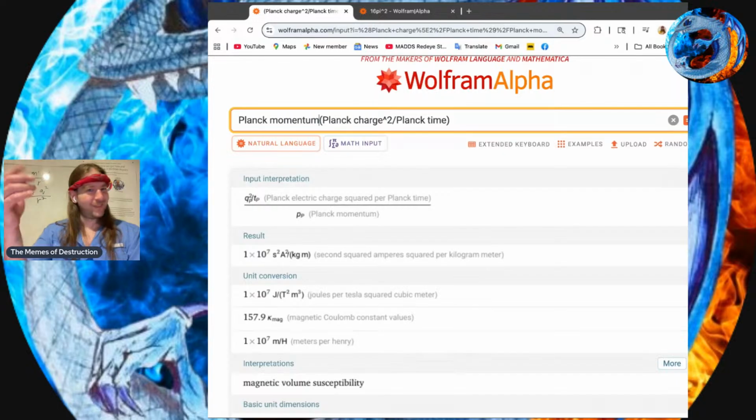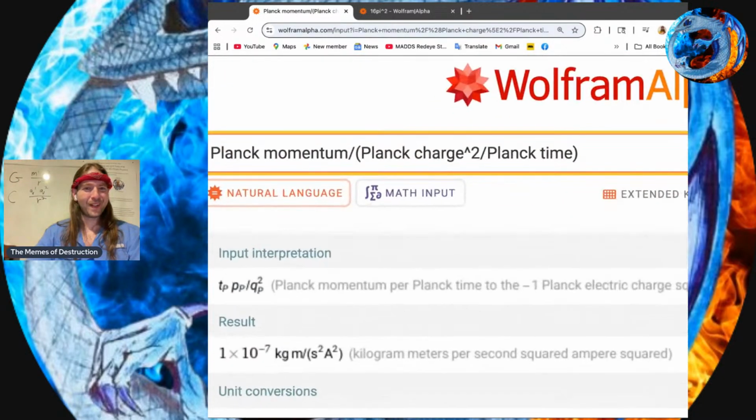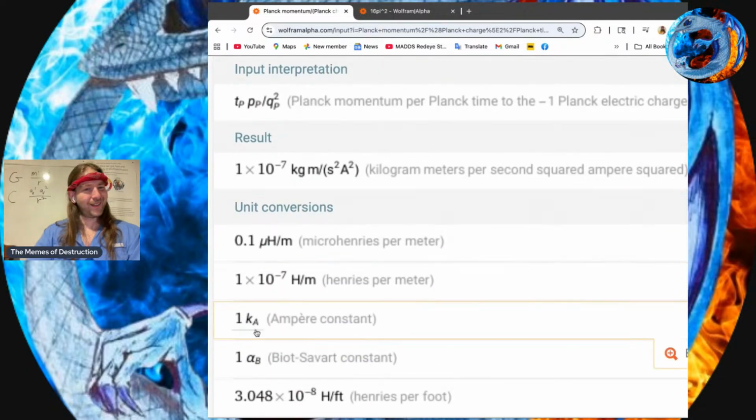Let's just divide that whole thing into the Planck momentum. This is a little bit more straightforward. Wait a second. That ampere constant we were talking about the other day, it's that thing that seems to be precisely 10 to the minus 7. Ah, that's interesting.